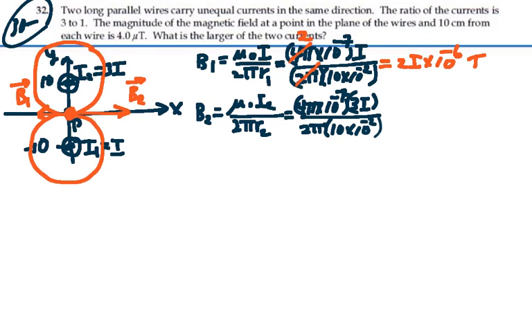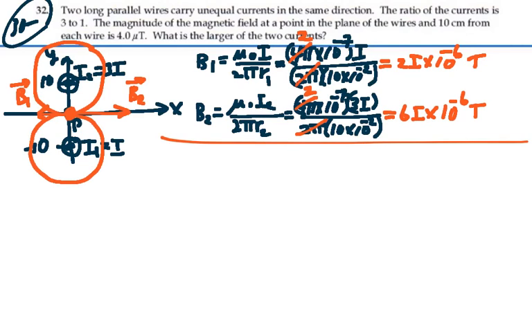So the 4 pi divided by 2 pi will give us 2, and then the 10 to the minus 7 divided by 10 to the minus 2 will be 10 to the minus 5 divided by 10 again, which is 10 to the minus 6. So this is going to be equal to 6I times 10 to the minus 6 Tesla.